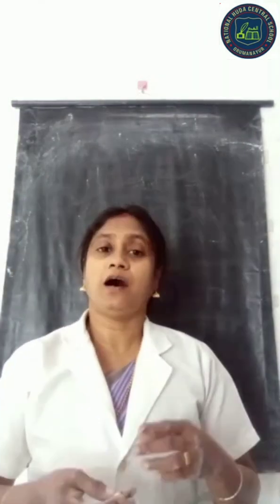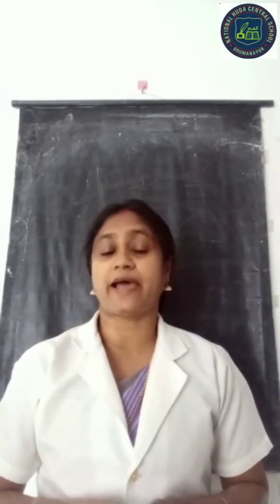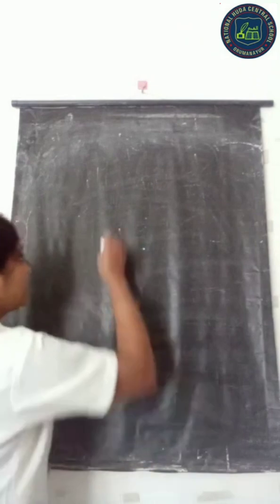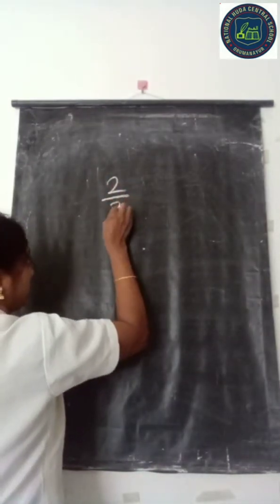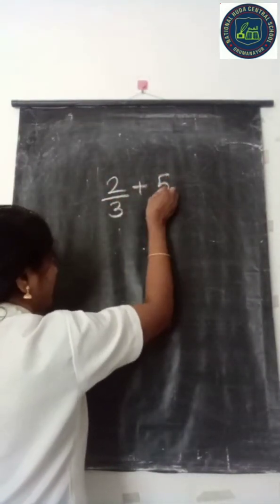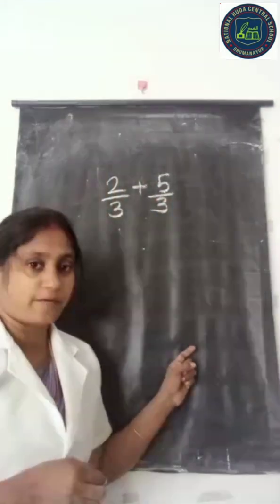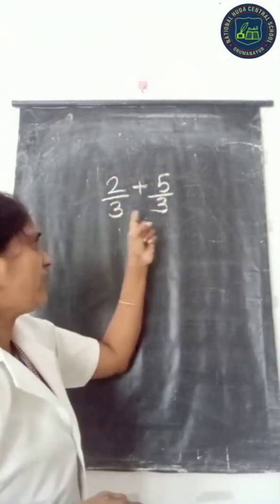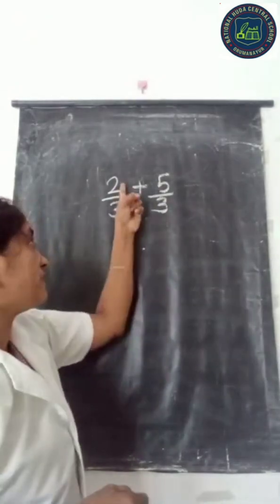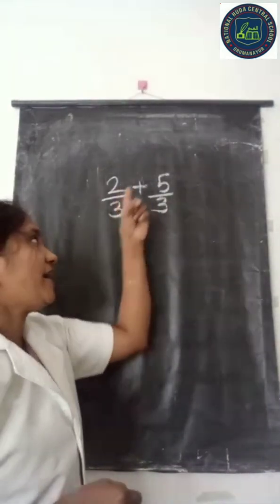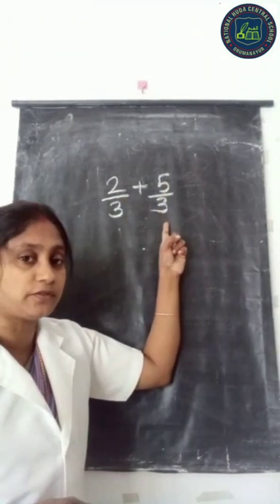We can study how to add and subtract like fractions. Add 2/3 and 5/3. Here we can see that the denominator of the first fraction is 3 and the denominator of the second fraction is also 3.